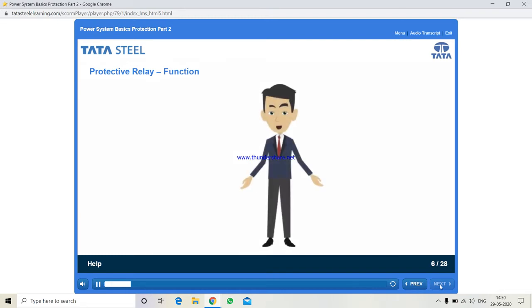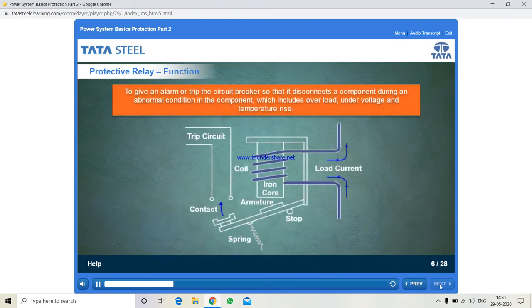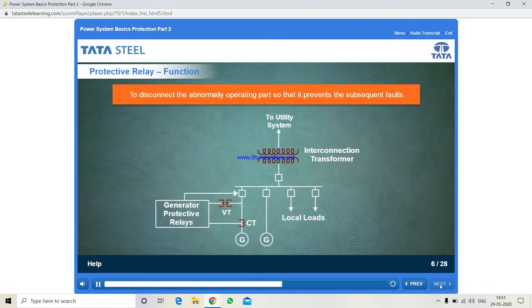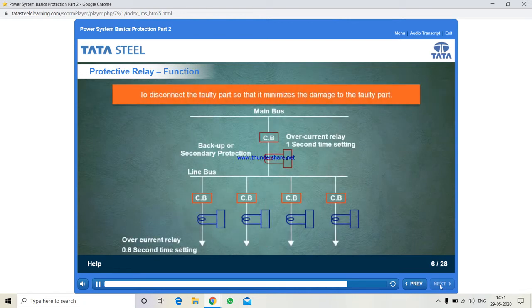The function of a protective relay is to give an alarm or trip the circuit breaker so that it disconnects a component during an abnormal condition in the component, which includes overload, under voltage, and temperature rise. Disconnect the abnormally operating part so that it prevents subsequent faults. Disconnect the faulty part so that it minimizes the damage to the faulty part.